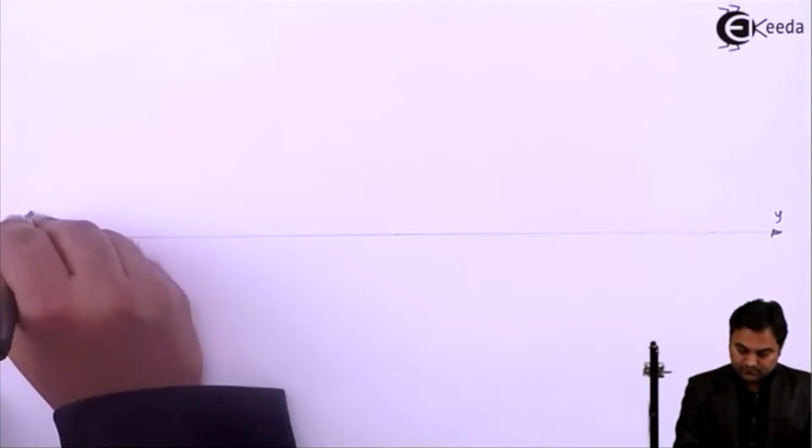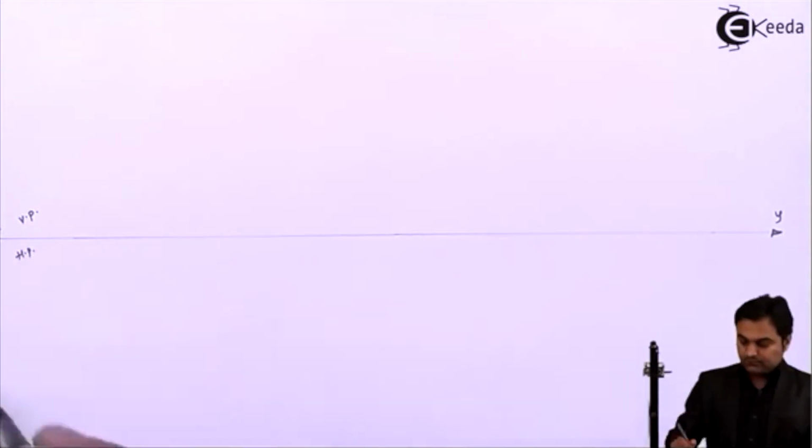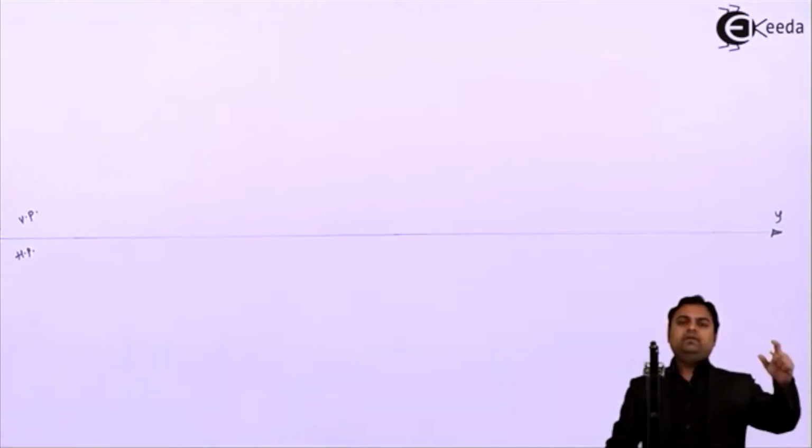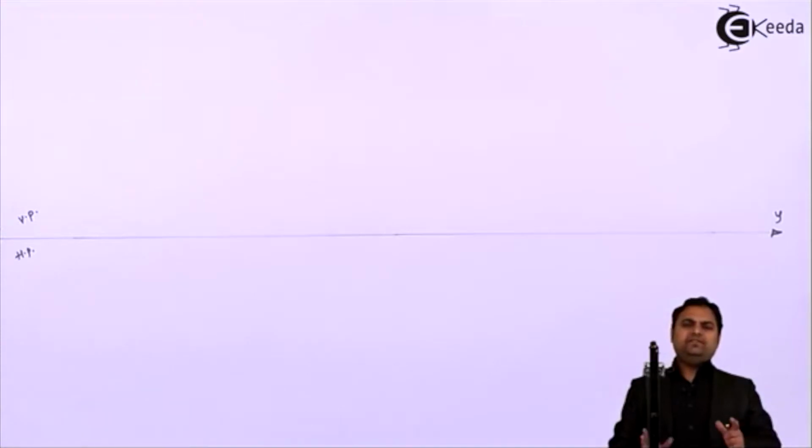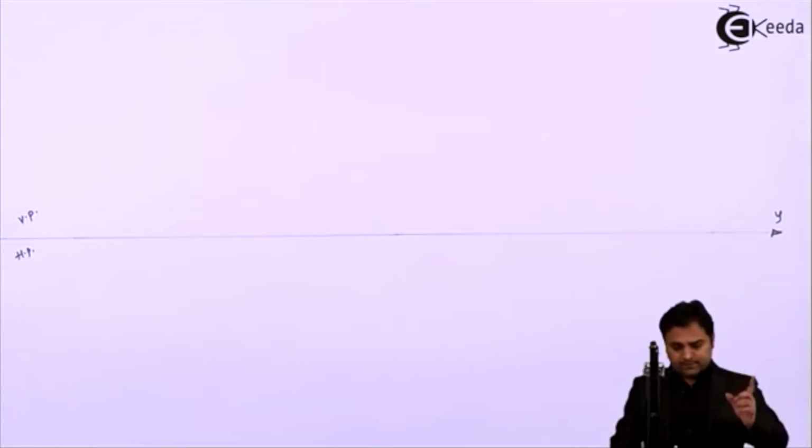XY line, VP, HP. Then, since we want the prism to be having faces equally inclined to VP, before that, I am drawing the true shape of the section.